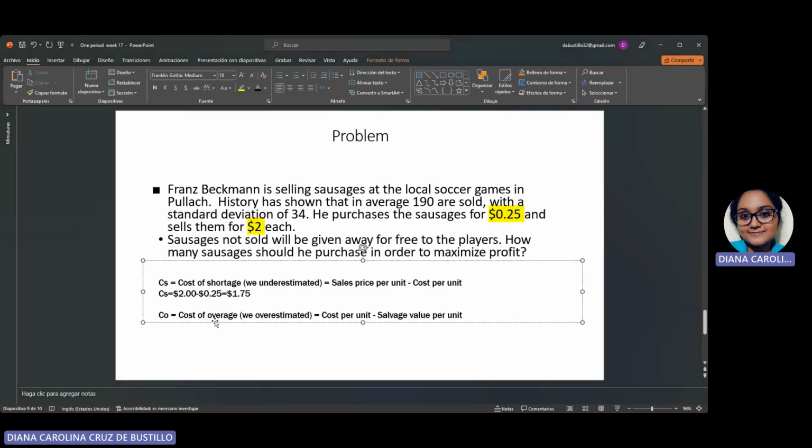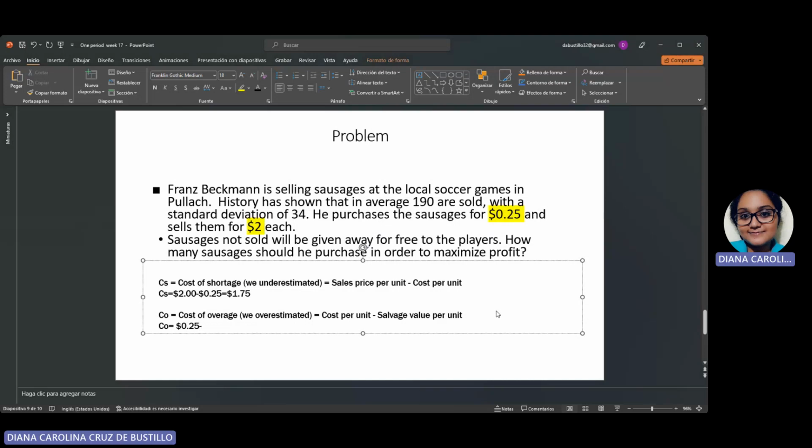Now, the cost of overage, I believe that this is easy to understand. It's pretty much what you lost, given that you had too much inventory. So the cost of overage would be the cost per unit, which is 25 cents, minus the salvage value per unit.